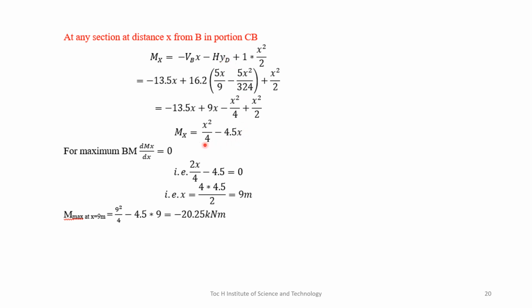Then just take the differential, that is dMx by dx equal to 0, that is 2x by 4 minus 4.5 equal to 0. From that x equals 9 meters, that is, at a distance of 9 meters from the right end, you will get the maximum bending moment, and that is equal to minus 20.25 kilonewton meters, which is the same as that in span AC.